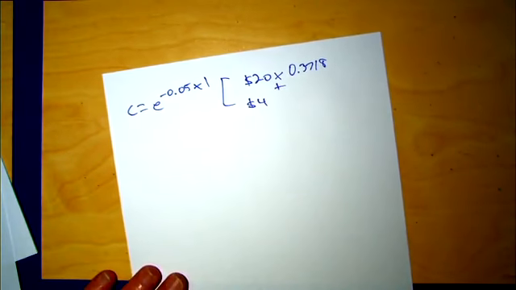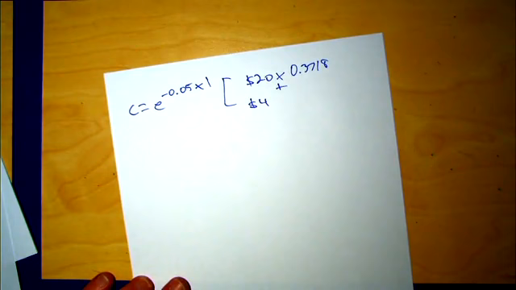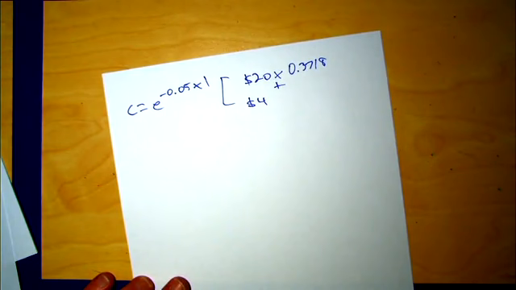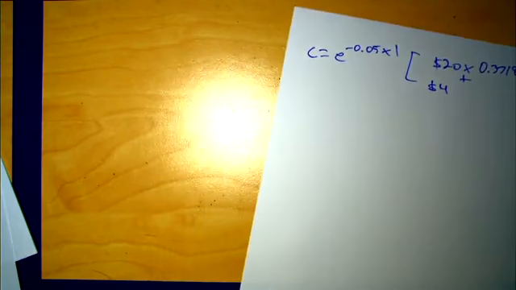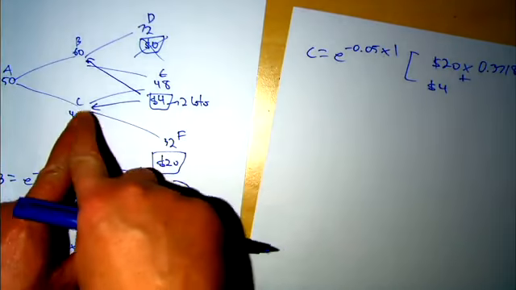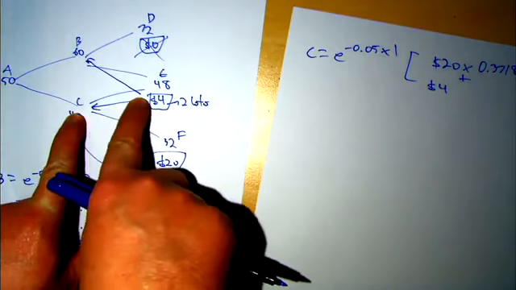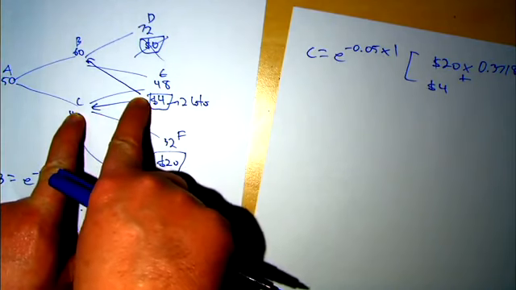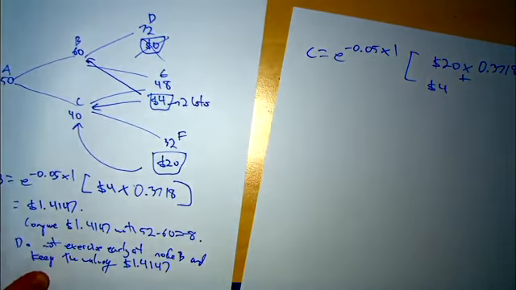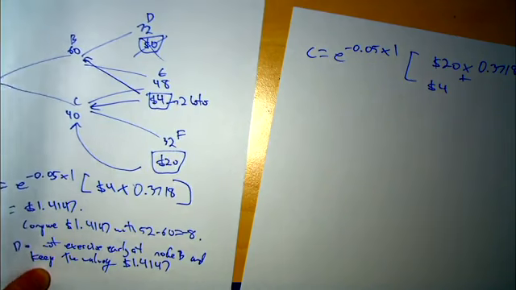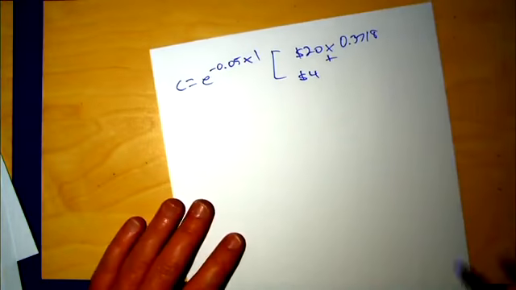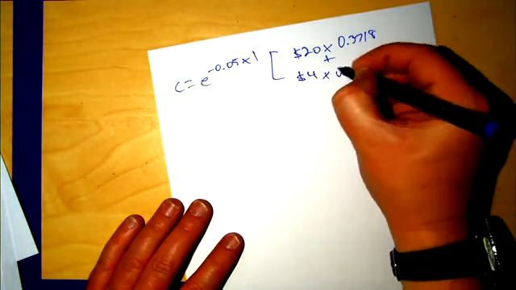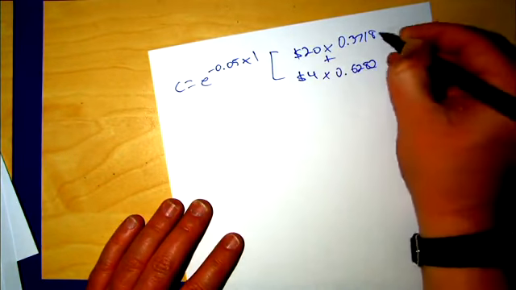So that's my probability of getting the $20, going down the tree to get the $20. So I've got to multiply it by 1 minus P. And then the $4, well, to get that $4, I went from C to E. So I went up. Fantastic. I went up the tree. So I've got to multiply it by the probability of going up the tree, which is P, which is 0.6282.